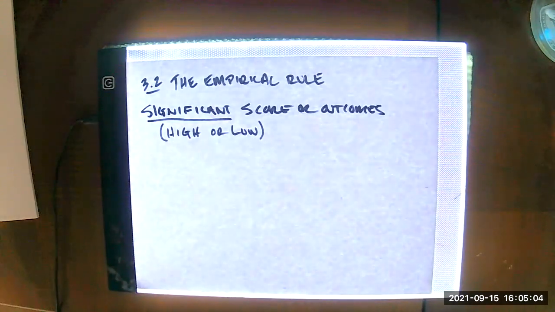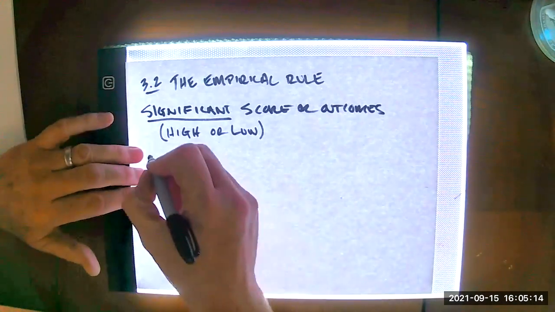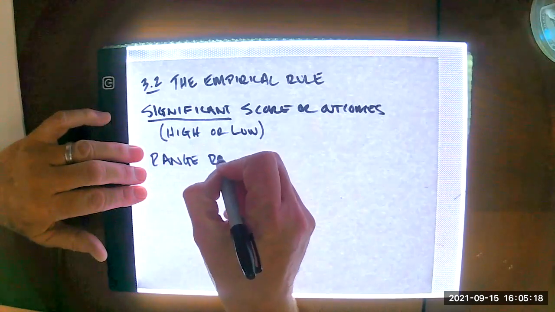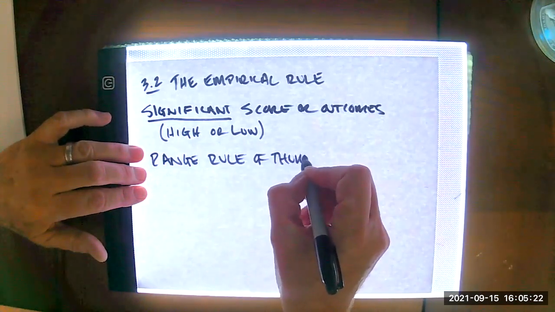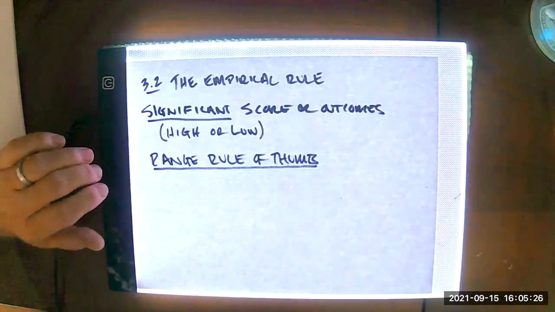There are a number of different ways to define significantly high or low scores from a data set. But what we use, at least at this stage, is what we call the range rule of thumb. And this was the last thing I believe I discussed last night.